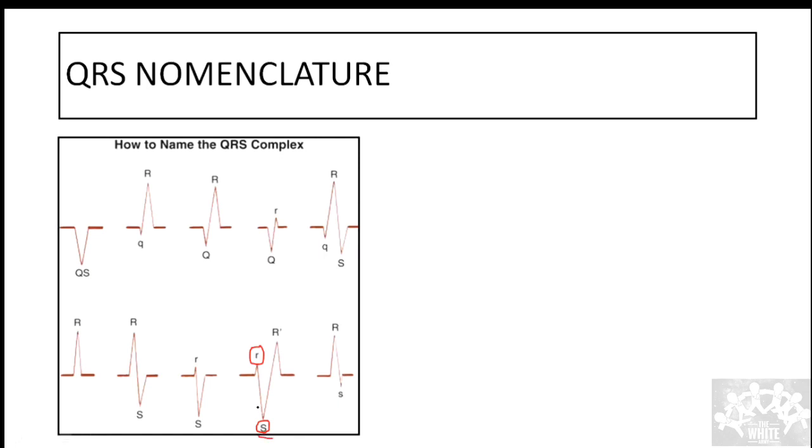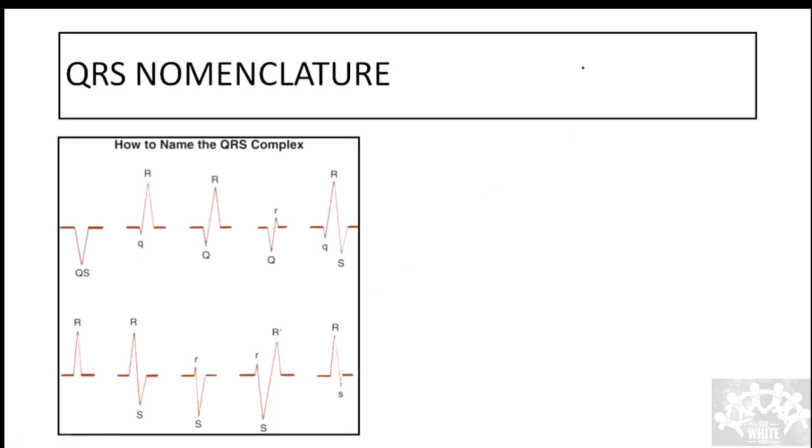Following that, you have another positive wave, which is called R prime. All positive deflections are represented by R. If there is more than one, you put a prime mark over it, like this. So this is R prime, and you can call it RSR dash. Clear?